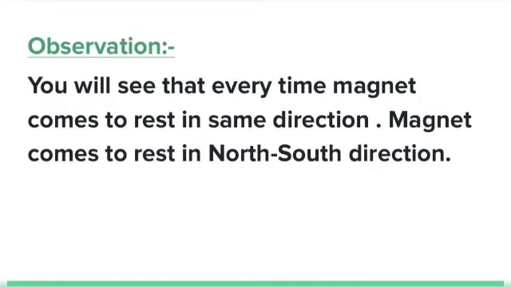It doesn't matter in which direction you rotate the magnet, finally it will come to rest in the north-south direction. So when you suspend a bar magnet or any other magnet freely, it always comes to rest in the north-south direction. In this way we have proved it.